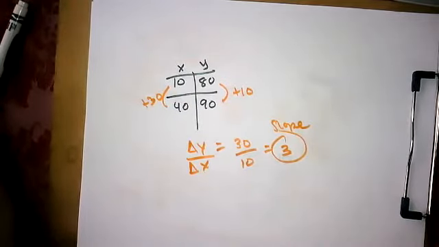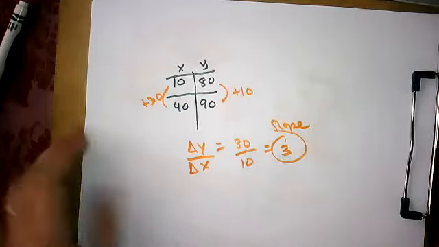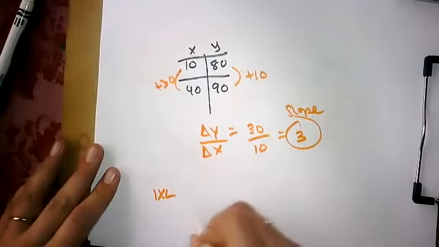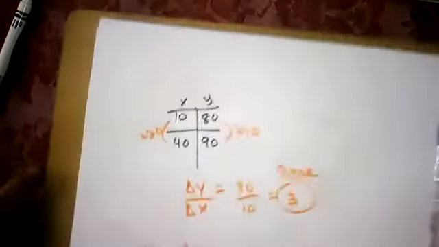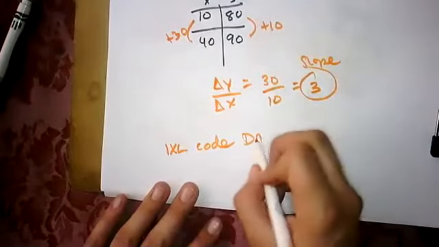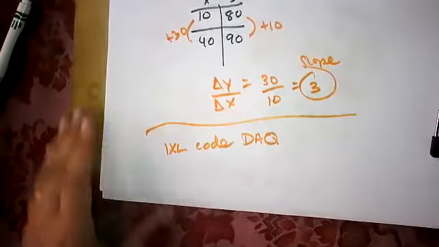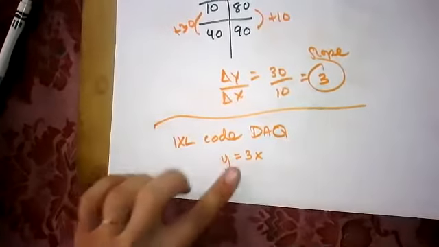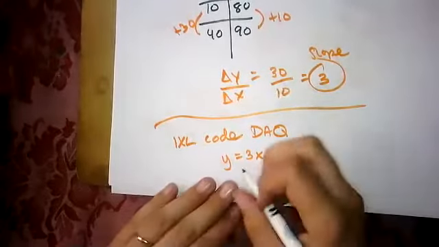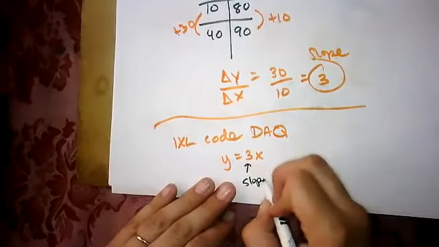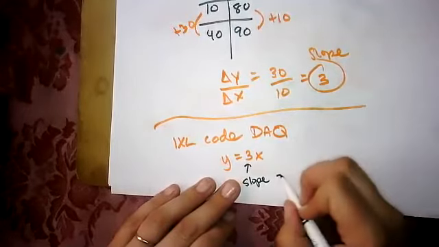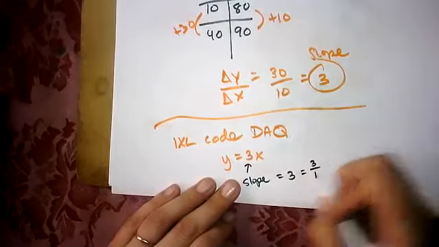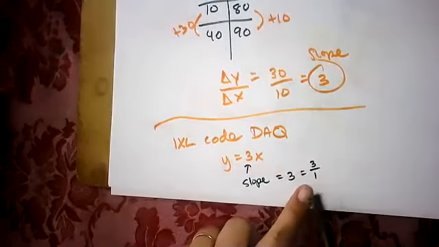And that really relates to the last topic we did last week, IXL code DAQ. When they're asking you to graph these functions, this is in slope-intercept form, and this number here is the slope. If I'm looking at the slope as being 3, then I'm really saying it's 3 over 1, and that's that same rate of change.